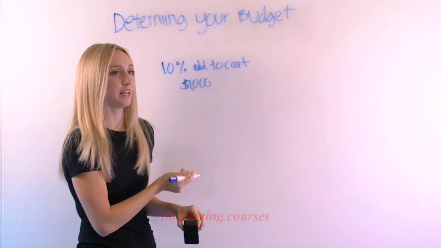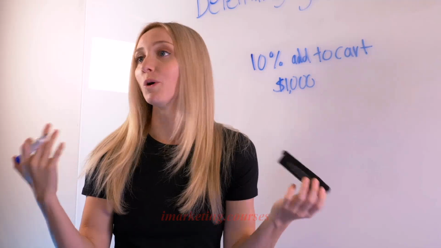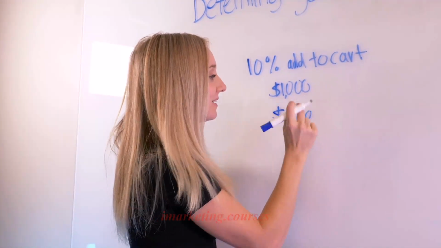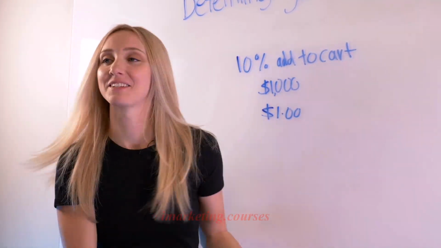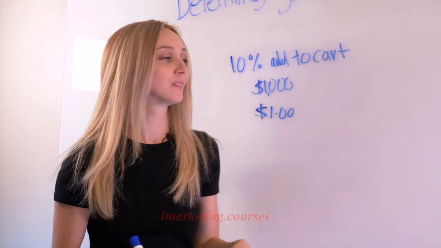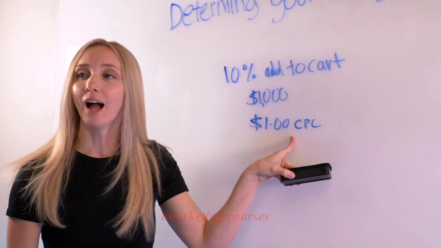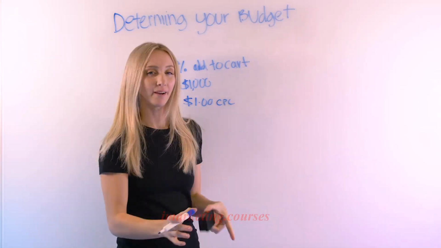So, let's just say that it's a $1 cost per click. I like to keep things in ones, hundreds, thousands, 10%, just to make things as simple as possible. Now, in terms of your target CPC, or cost per click, I would say that $1 would be on the higher side.